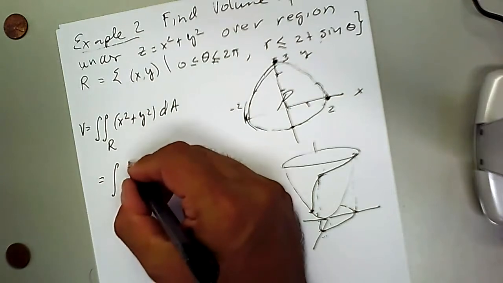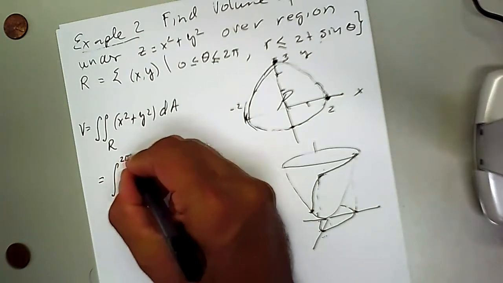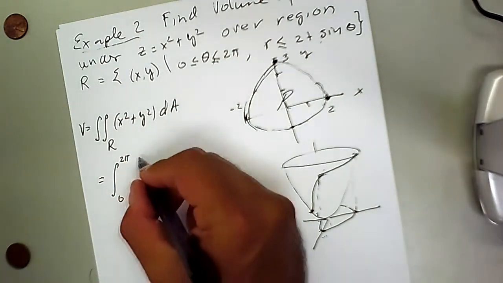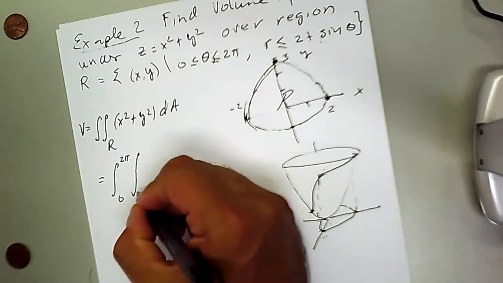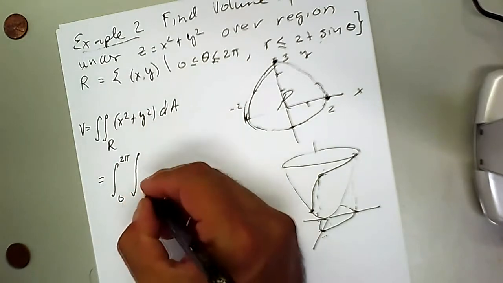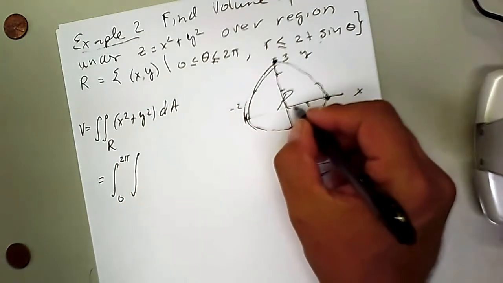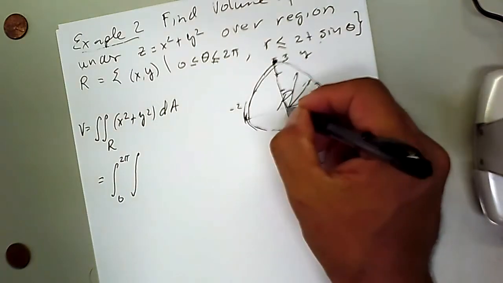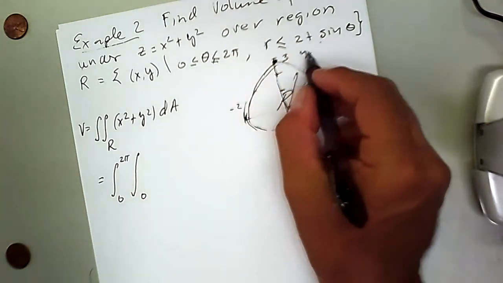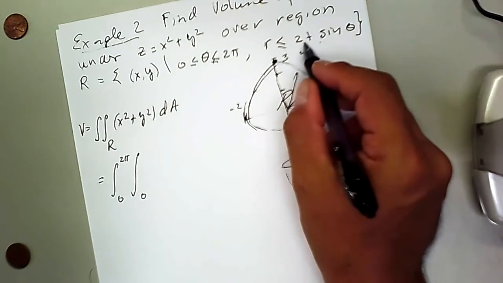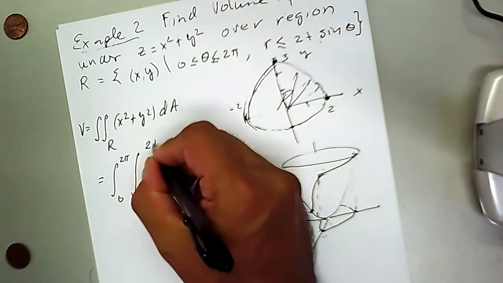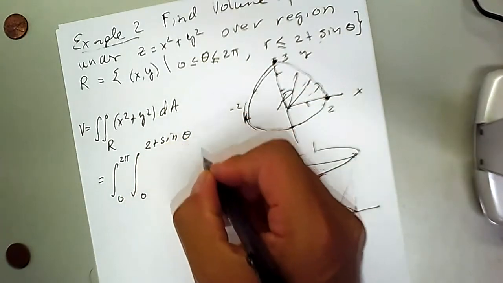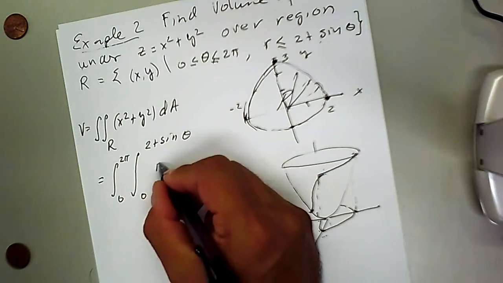So one integral from 0 to 2 pi. But then the second integral, or the first integral, as we go from the inside out, we're going to integrate out this way from 0 to the boundary, which is variable. It is 2 plus sine of theta. Then r squared.